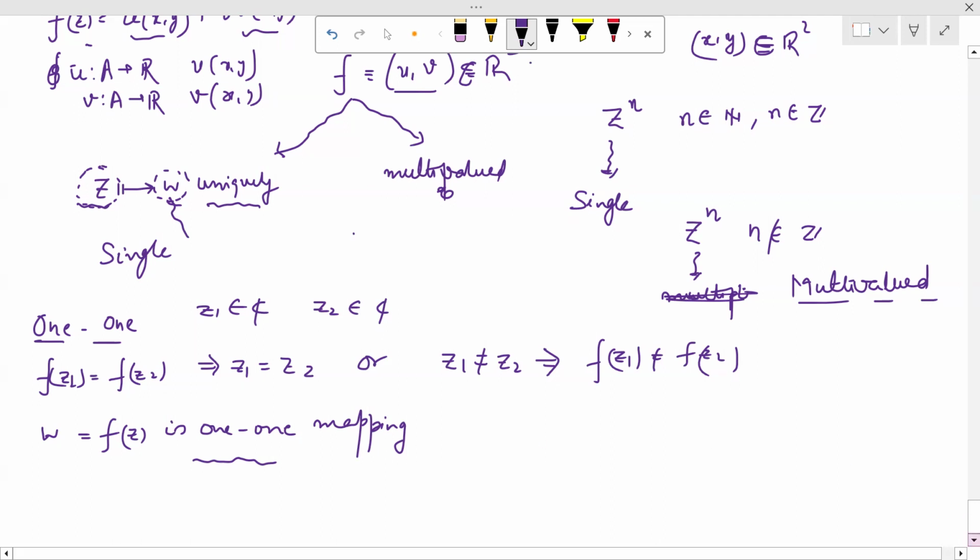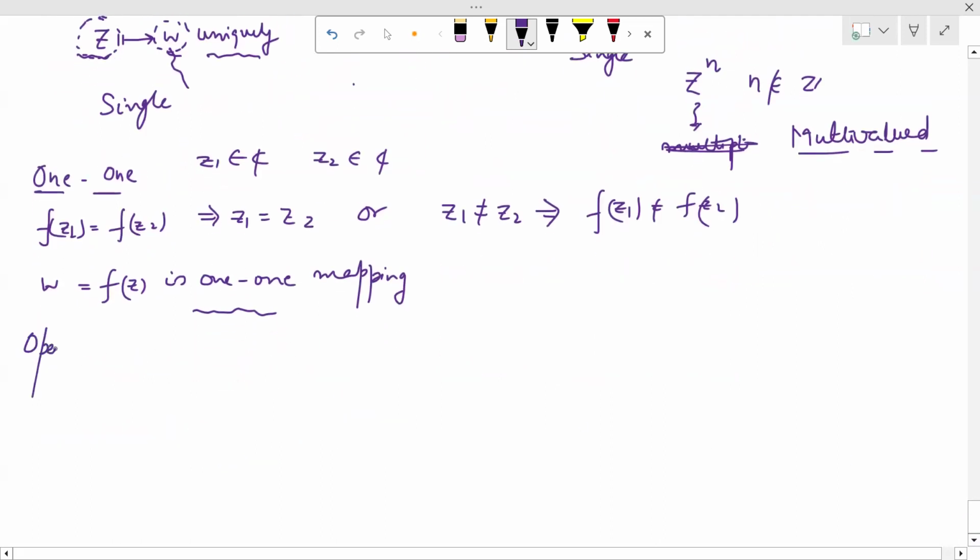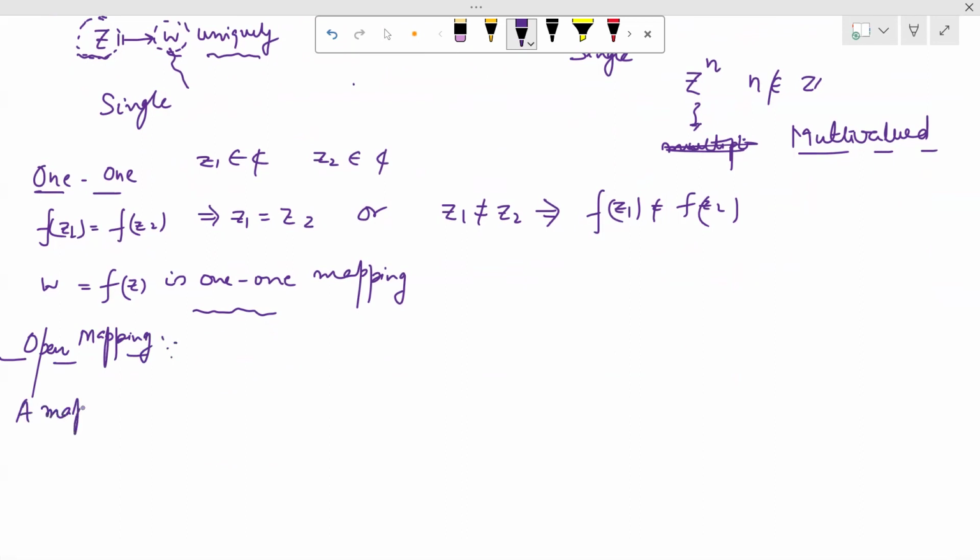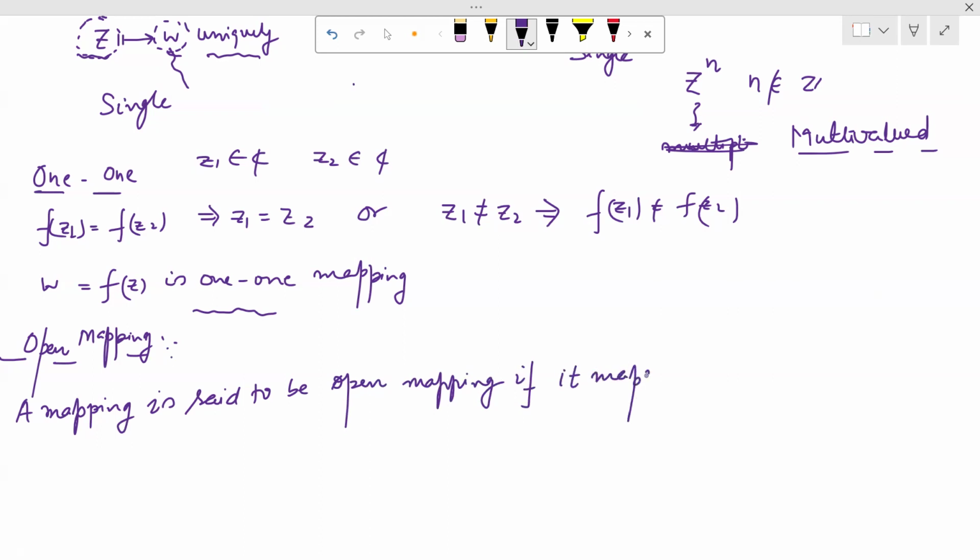Okay, what is an open mapping? I hope I have already explained open sets to you, so there is no worry. A mapping is said to be an open mapping if it maps open sets to open sets.